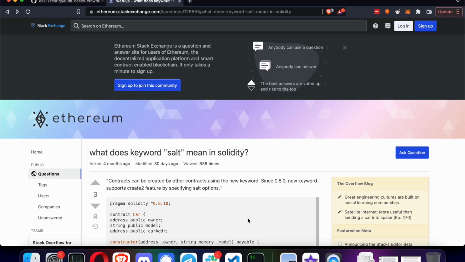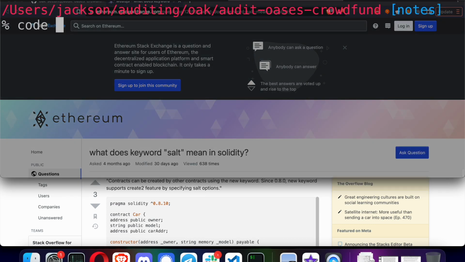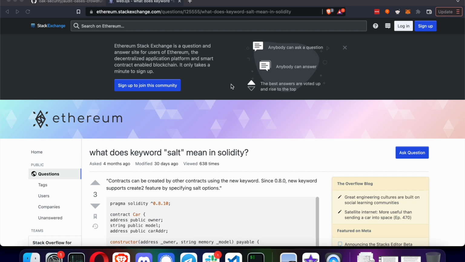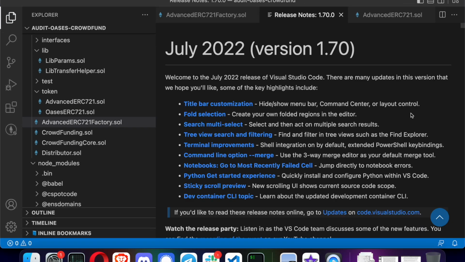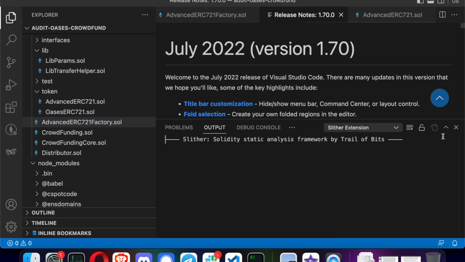So let's get started. Okay, at this point, we've done the first pass through the contract, and so basically what I'm going to do is go through all those audit comments I left using the inline bookmarks tool and click through each and every one of them and just double sanity check myself. And what we'll find is that while we're doing this exercise, we'll find other things that I didn't mark initially.